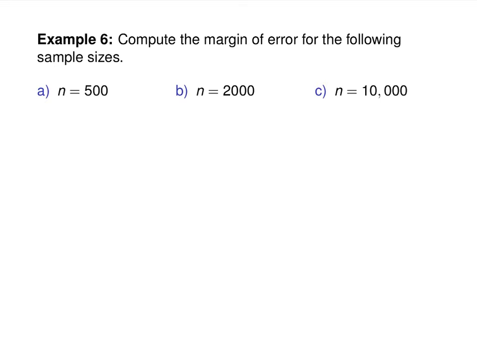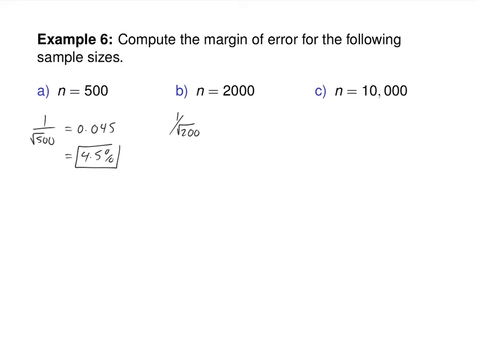So if your n is 500, 1 over root 500 is about 0.045 or 4.5%. Based on what I just said, what should the margin of error estimate for part B be approximately? About half that, so about 2.25%.